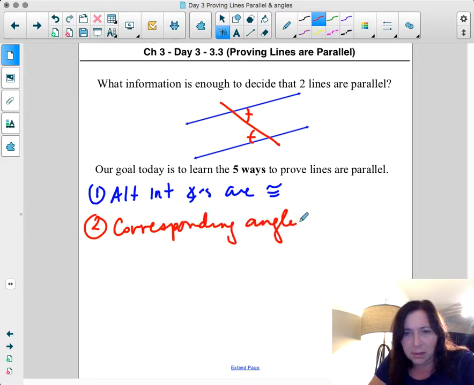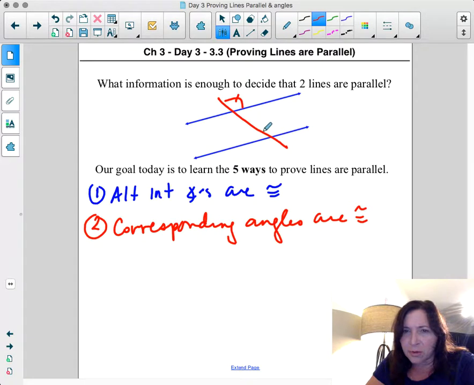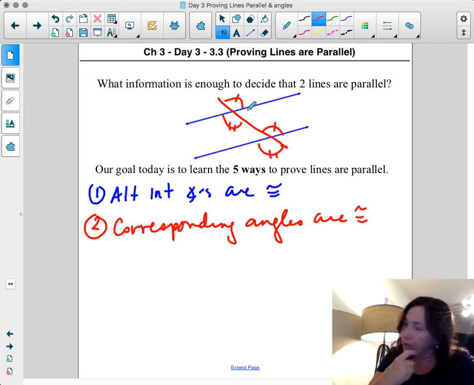What that would look like on this graph would be your transversal. You could prove that this angle is congruent to this angle, you could prove this angle here is congruent to this angle, and then their counterparts also.